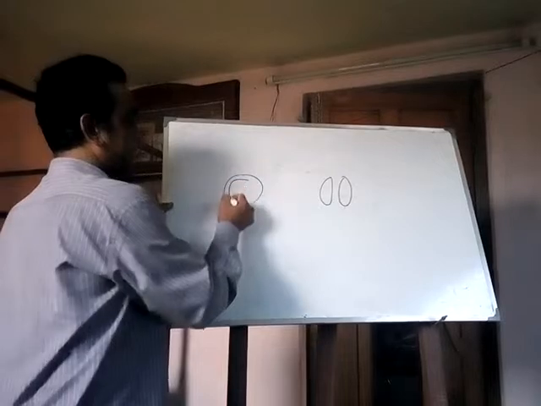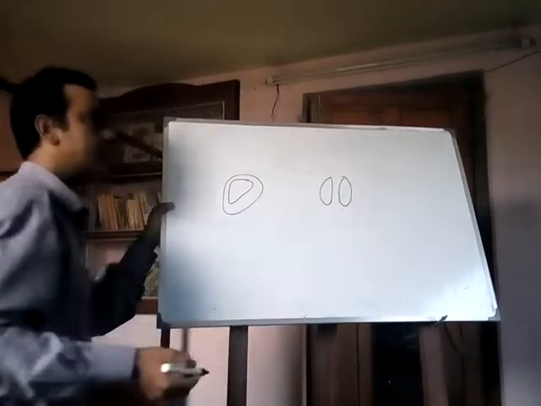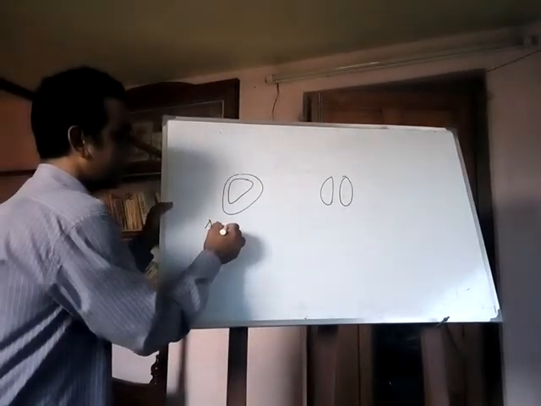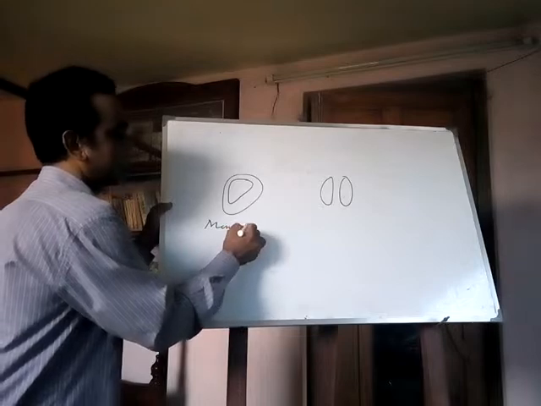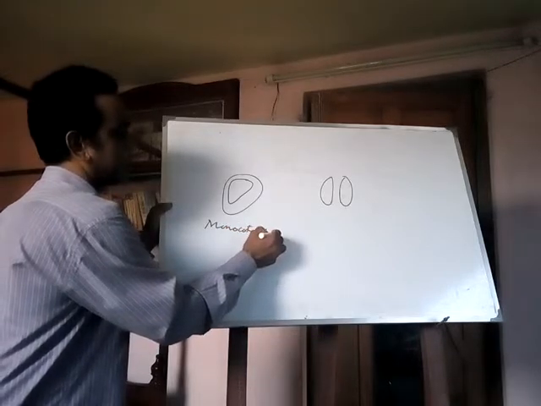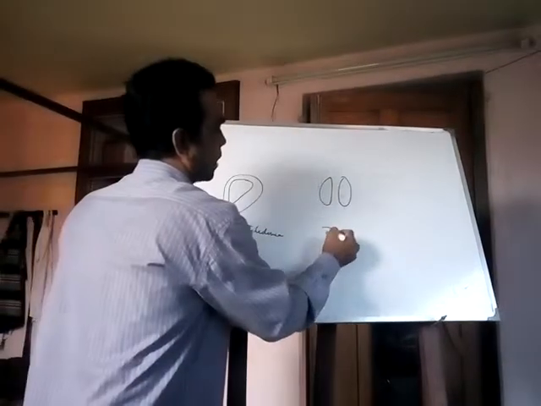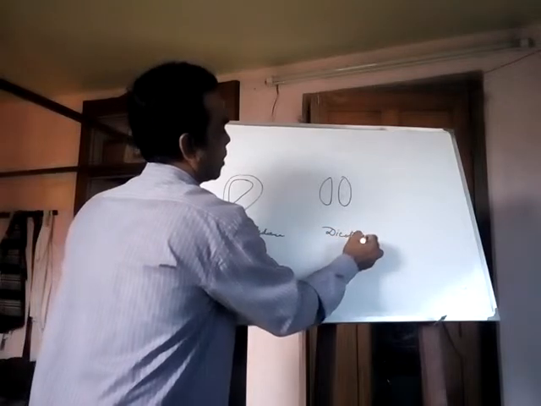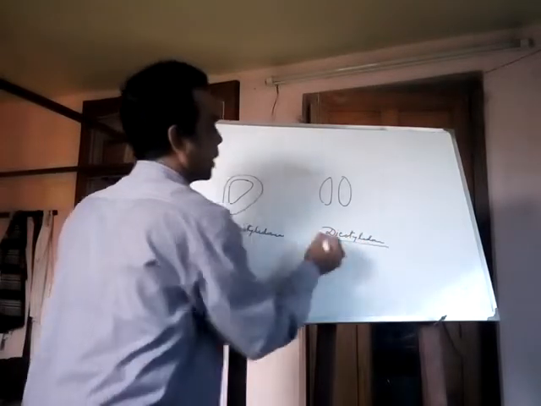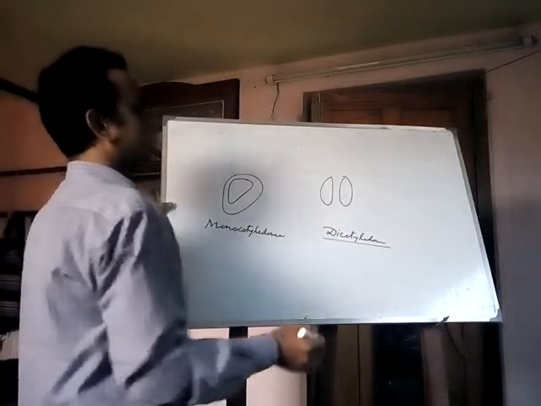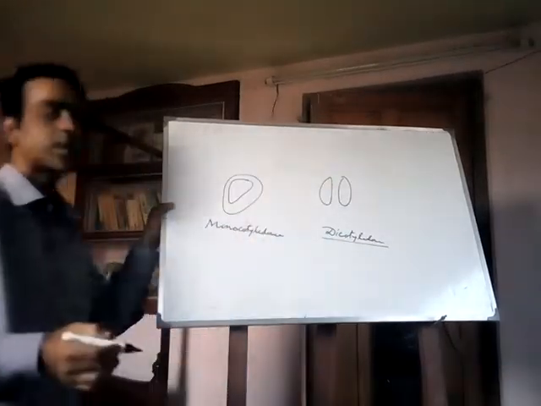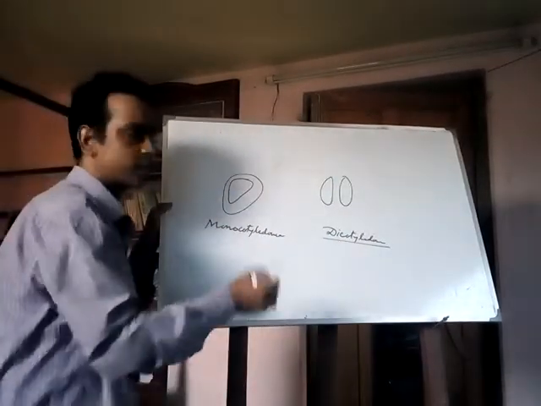The scutellum region is present in monocotyledon seeds, and no scutellum is found in dicotyledon seeds.